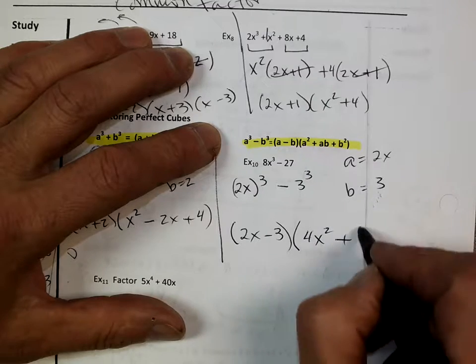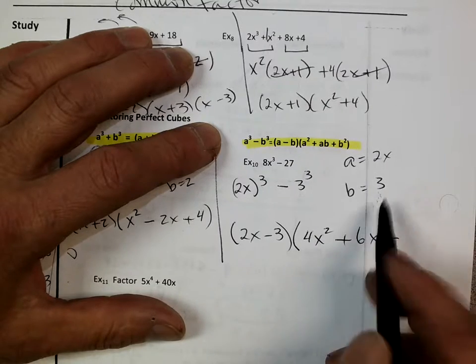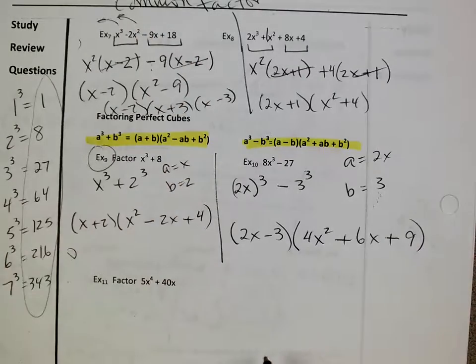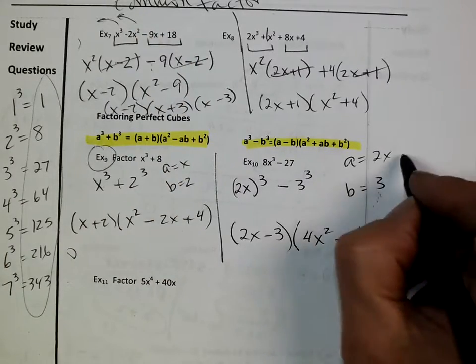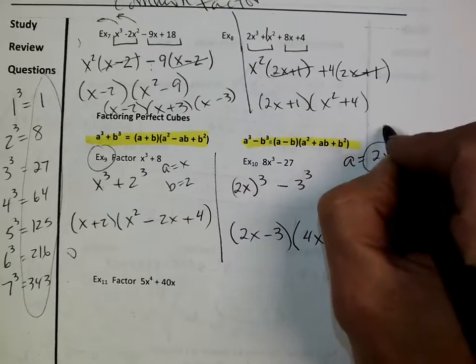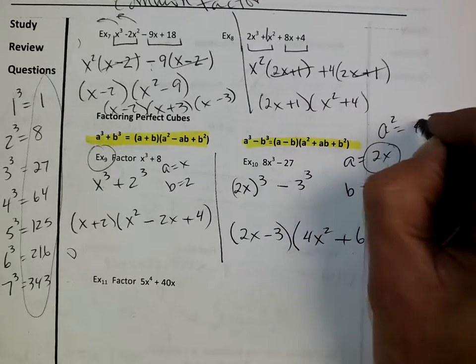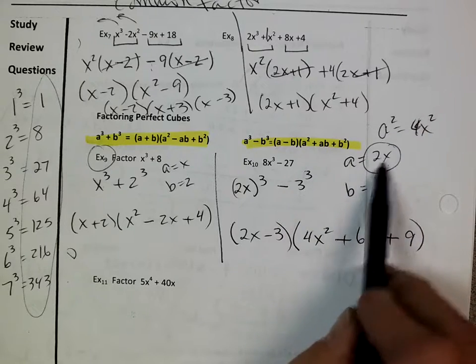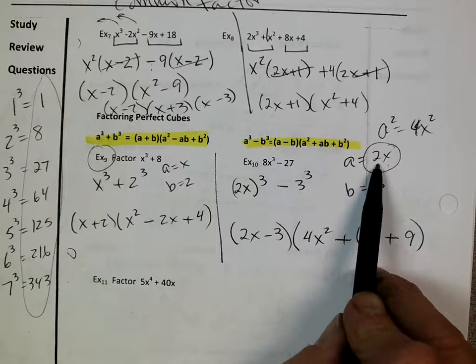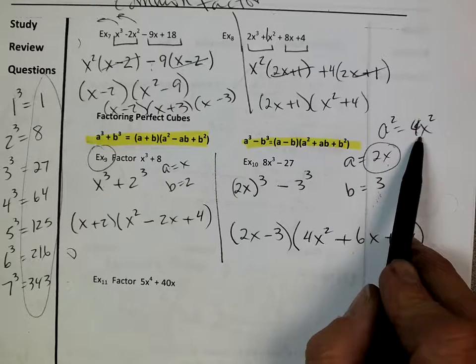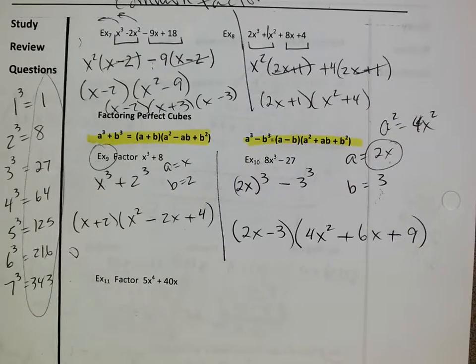I'm going to multiply those, 6x, plus 3 squared, which is 9. That's it. It's factored. How do you get the 4? Great question. If this is 2x, then a squared is 2x times 2x, which is 4x squared. All right.